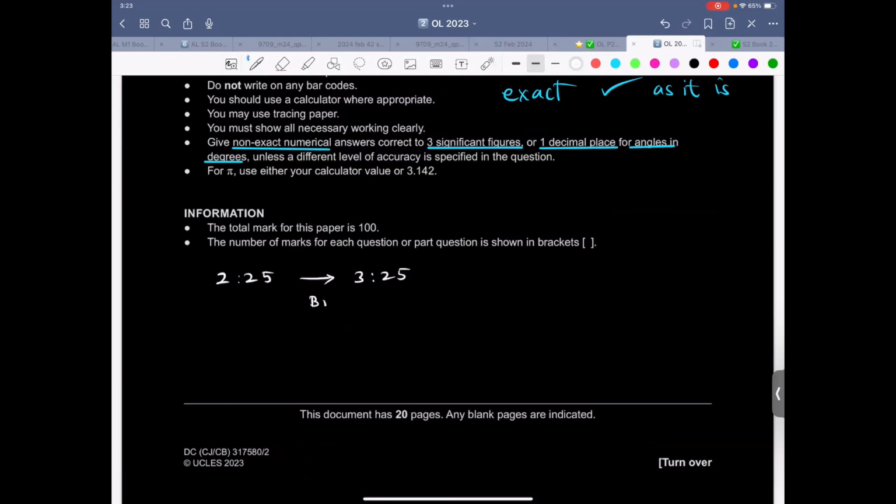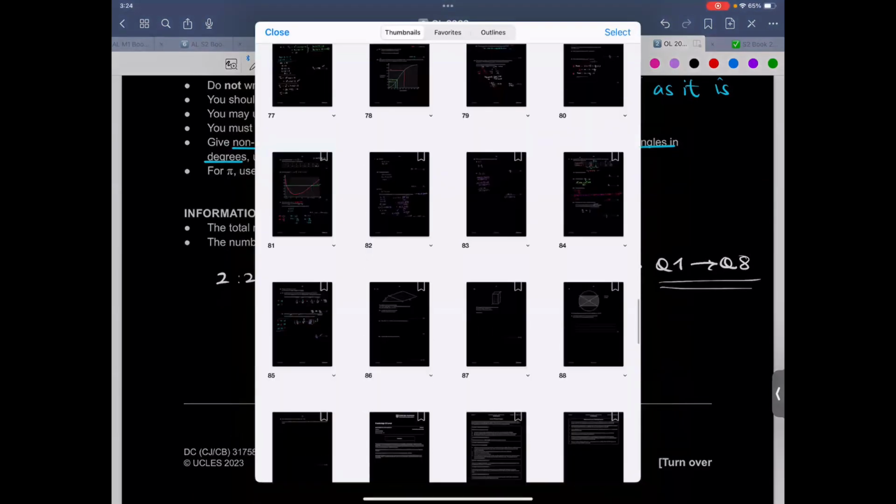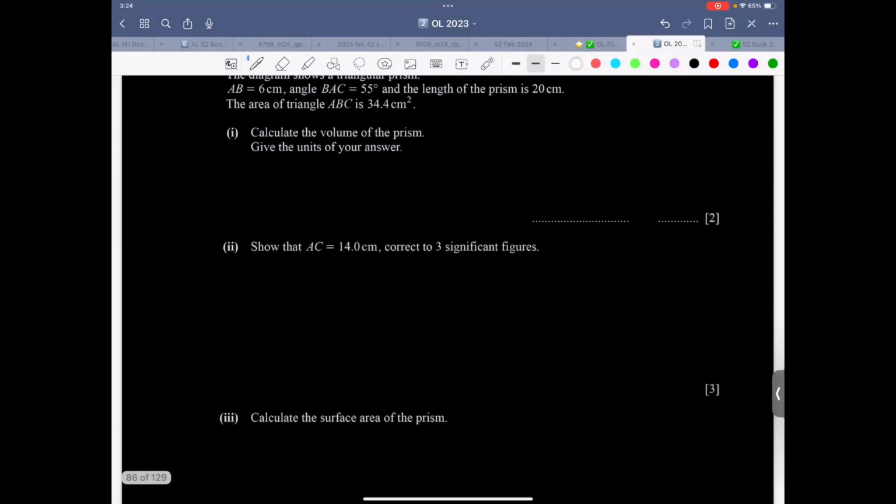And then there was a break of, let's say, 10 minutes or so. So basically, in 50 minutes, we have solved 8 questions, question 1 till question 8. So this is what we have solved so far. And then we were looking at the mark scheme and something like that. So now let me first open up the question.